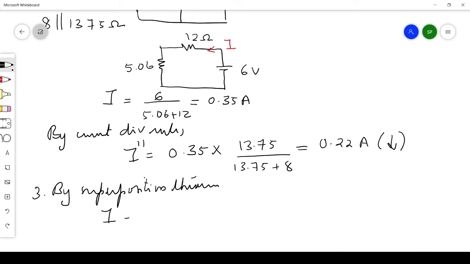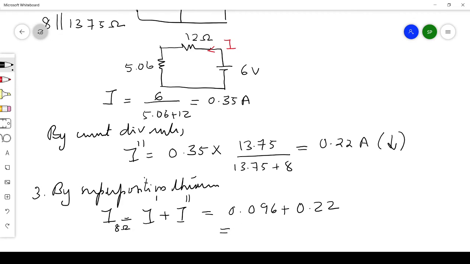total current I is equal to I dash plus I double dash. Let me put it as 8 ohm. Okay, we already got the values, that is 0.096 plus 0.22. See, 0.096 we got when we considered the 4 volt source, and 0.22 when we considered the 6 volt source.